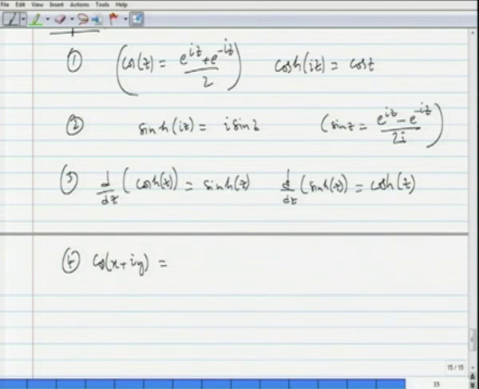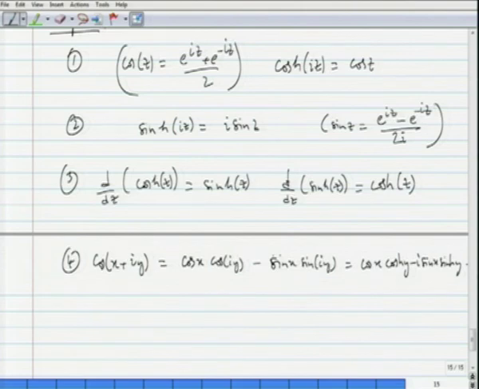It was an exercise when we introduced the complex cosine and sine that the addition rule we know from standard trigonometry holds for complex numbers. So, this gives us cos x cos i y minus sin x sin i y, which now turns out to be cos x cosh y minus i sin x sinh y.